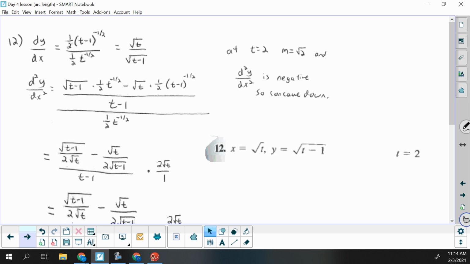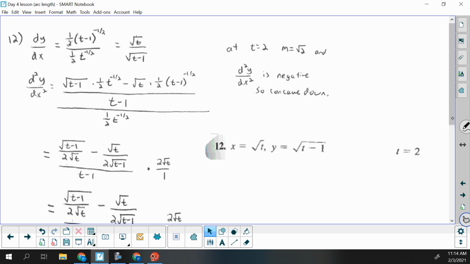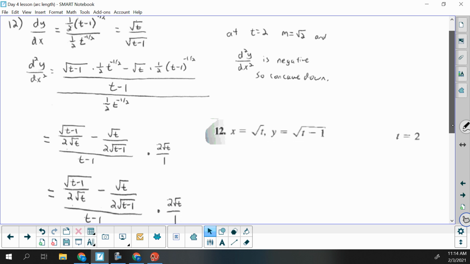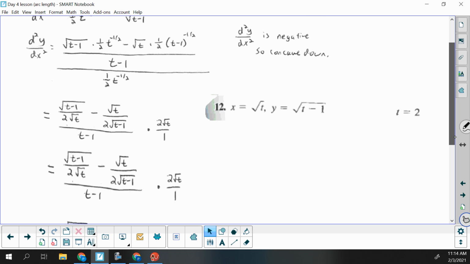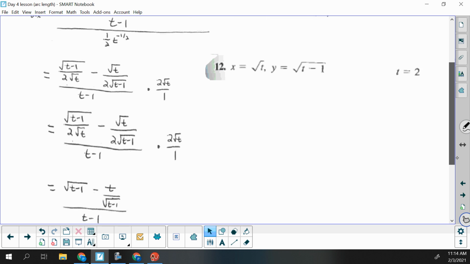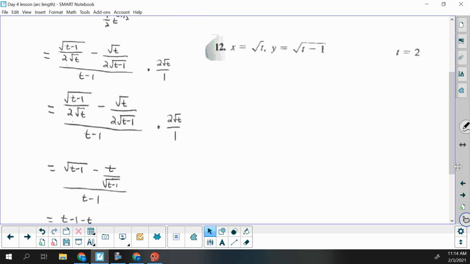But just to show you the neatening up, so those negative exponents swing to their denominators, and then that's really 1 over 2 square root of t in the bottom, so multiplied by its reciprocal. When you multiply the 2 square root of t through, this 2 square root of t ends up wiping out. The 2's wipe out here, and you just get a t on top.